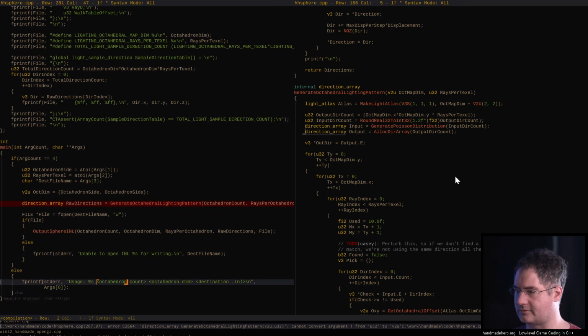So let's do it this way. I don't know. Octahedron texel.